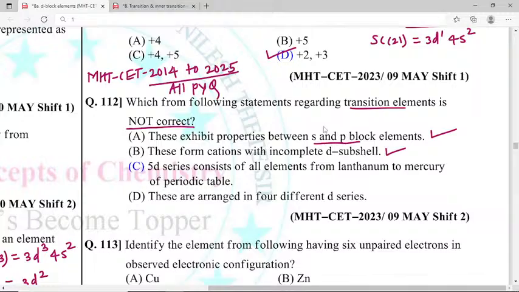Yes, correct. The 5d series consists of all elements from lanthanum to mercury of the periodic table. The 5d series does not consist of all elements, so this is not correct. Lanthanum to mercury, mercury is not included. These are arranged in 4 different series.